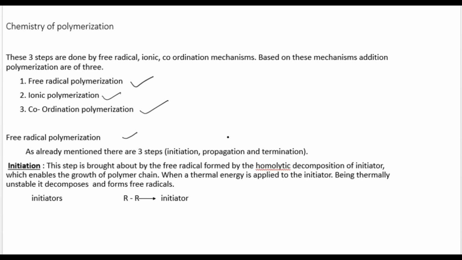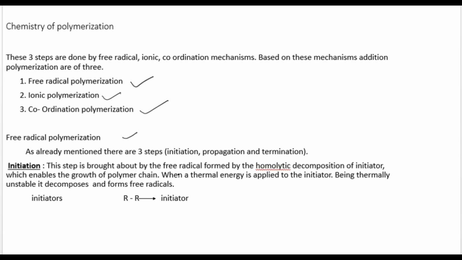So let's see how the initiation is done by free radical. This step is done by free radical formed by the homolytic decomposition of the initiator. That is, when we apply thermal energy to the initiator, that thermal energy may be heat, light or high energy radiation, it will undergo homolytic decomposition and thereby form free radicals.